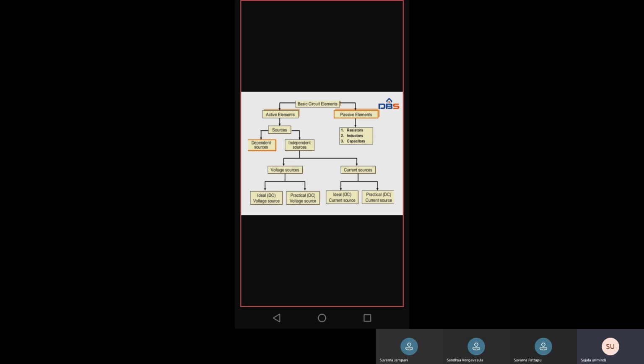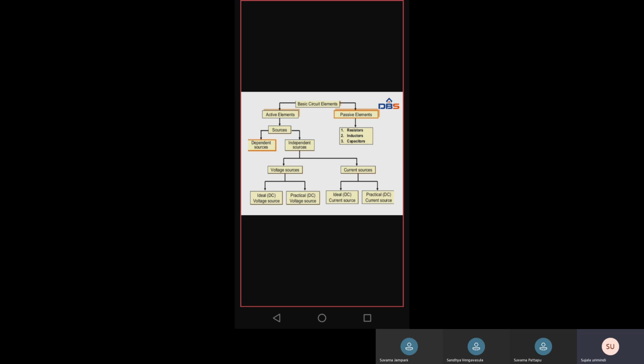In the ideal case, I am neglecting that resistance. When I neglect it, the current source is maintained constant, whatever the voltage, and then it is called ideal.